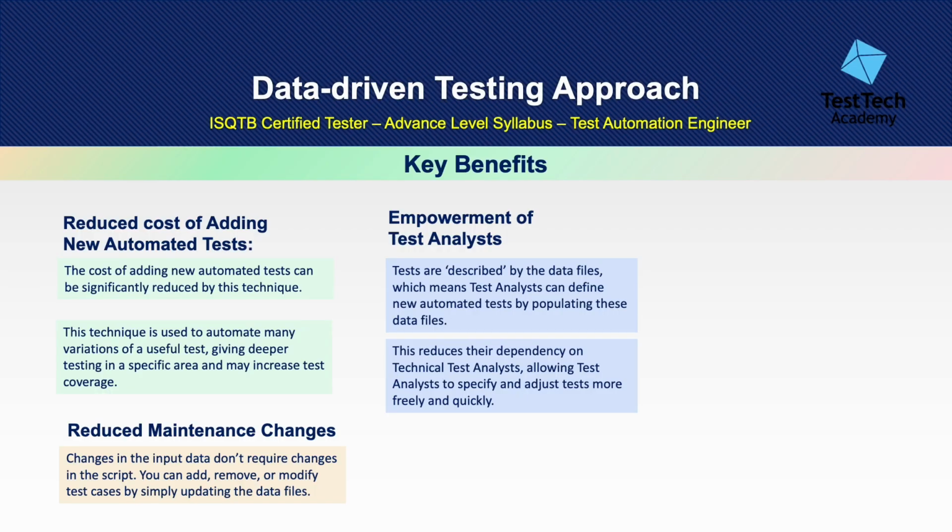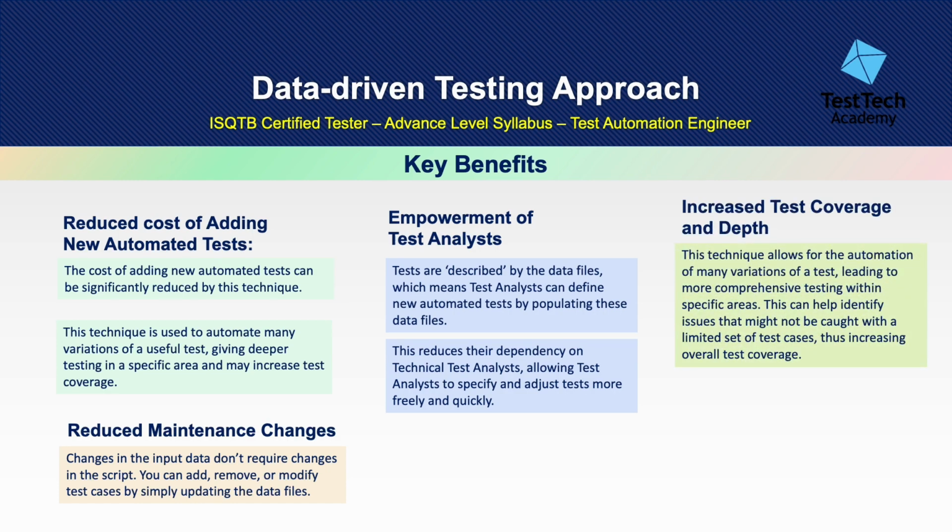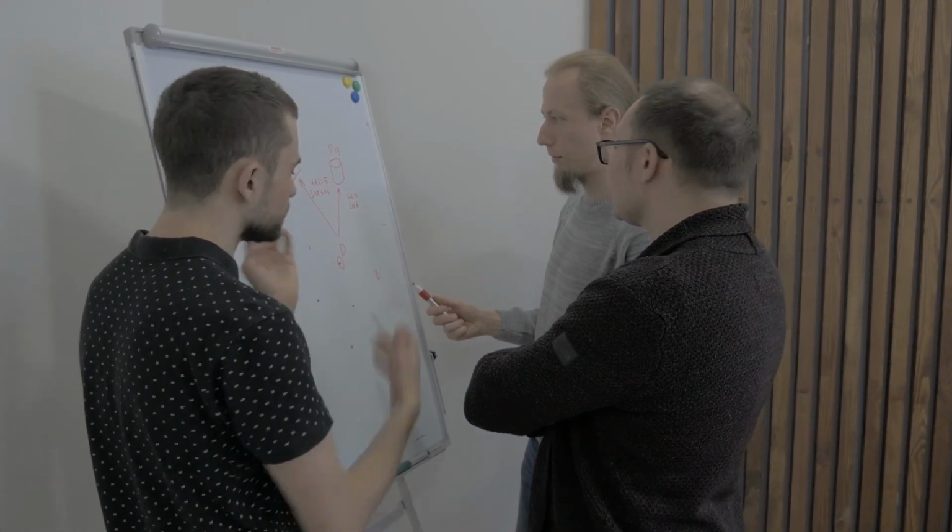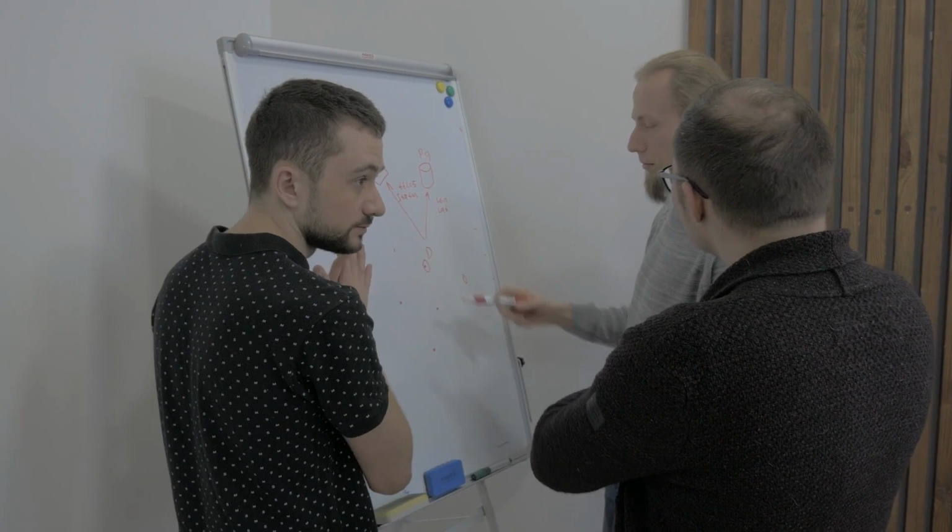Next, let's look at how this approach increases test coverage and depth. Data-driven testing allows for the automation of many variations of a test. This leads to more comprehensive testing within the specific areas, helping to uncover issues that might not be caught with a limited set of test cases.